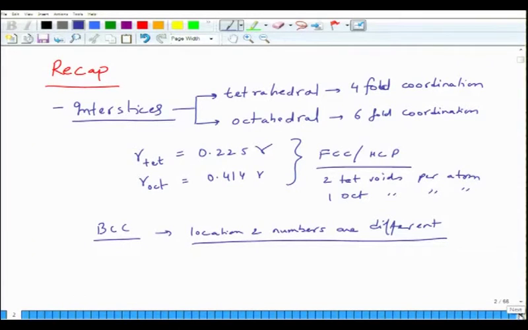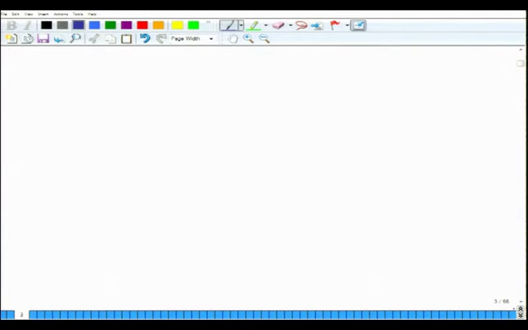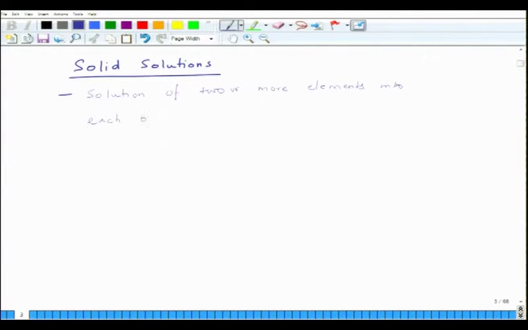So now in this lecture, we will talk about solid solutions. Solid solutions are just like liquid solutions, they are solutions of two or more elements, or atoms, into each other.